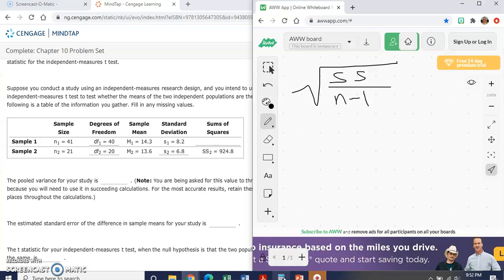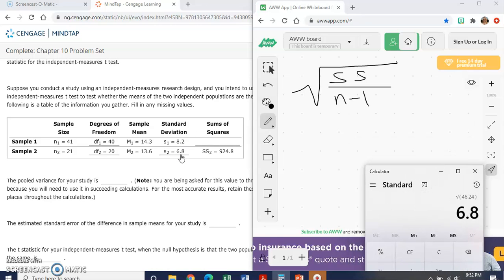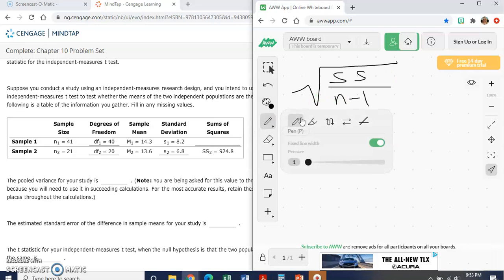Now, the next question requires me to do the opposite, right? So I already have the standard deviation, and I need to get the sums of squares, so I need to do the opposite of what I just did here. So to calculate that, I would take the standard deviation and square it and multiply it by degrees of freedom.